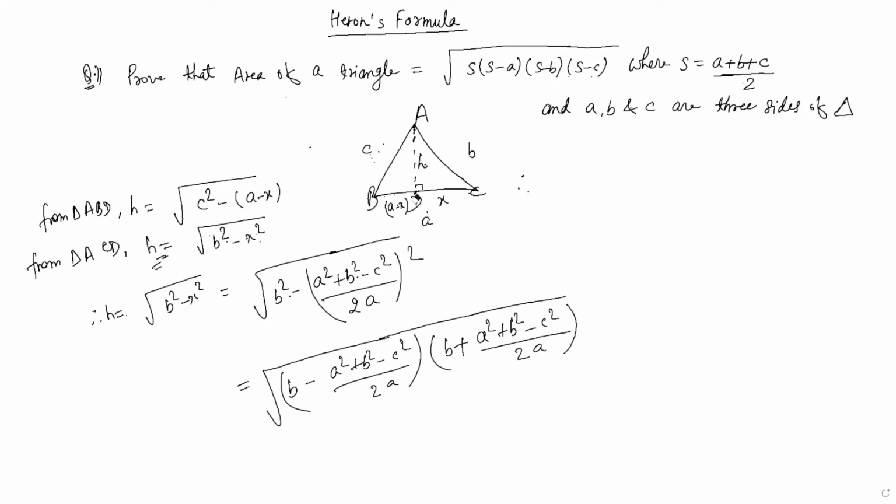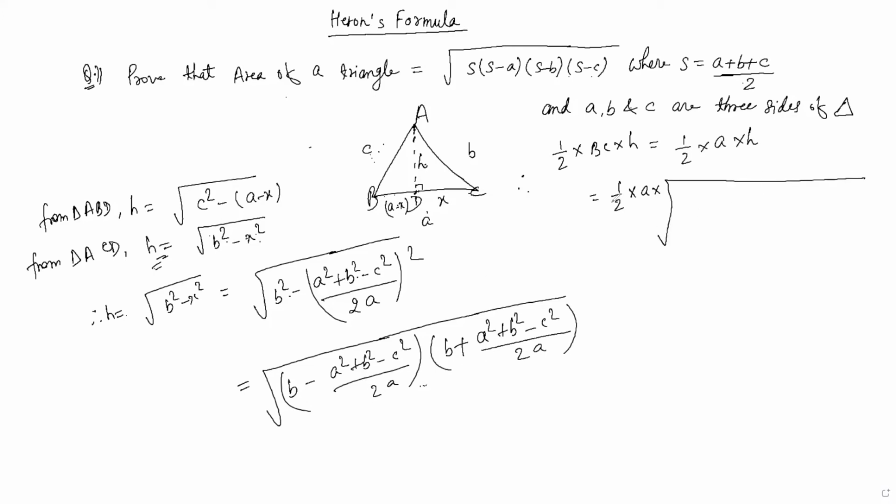Now we will put the value of h in the area of the triangle. The area of a triangle is given by 1 by 2 into base into height. Here base is BC, which is a, into height h, so 1 by 2 into a into h, and we put this value under root.